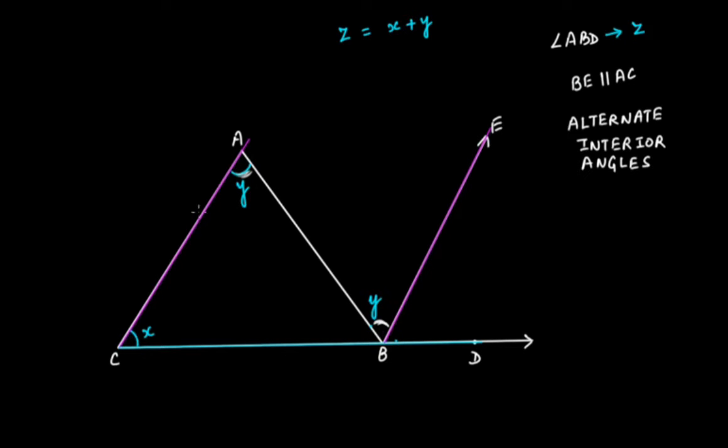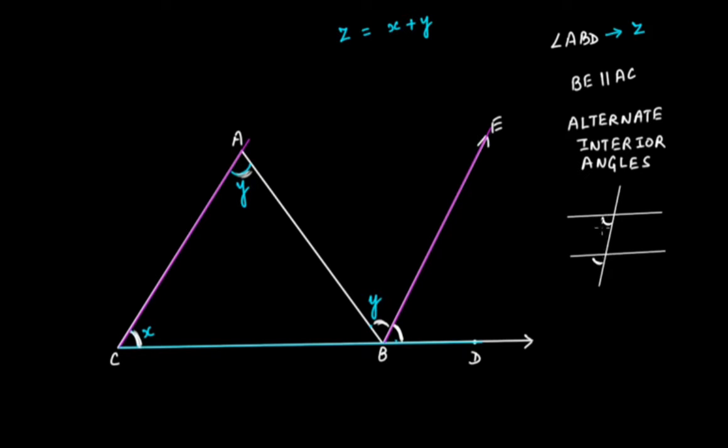So if you look, these two parallel lines and this transversal, this angle, that is angle X, will be actually equal to this angle. How? Let me show you. If these two are parallel lines and this is transversal, then this angle will be actually equal to this angle.